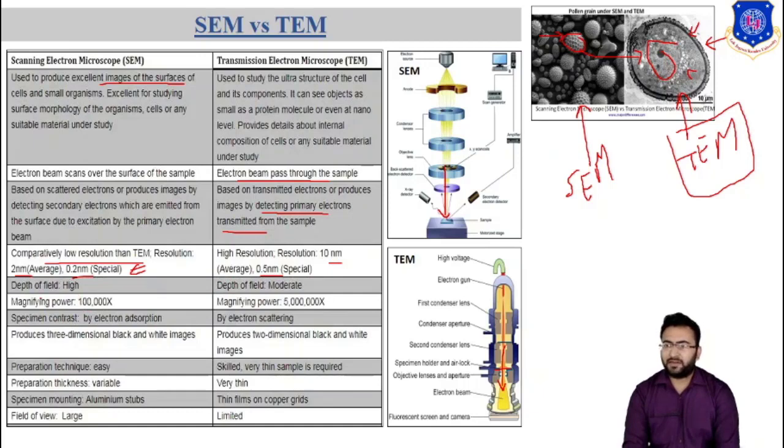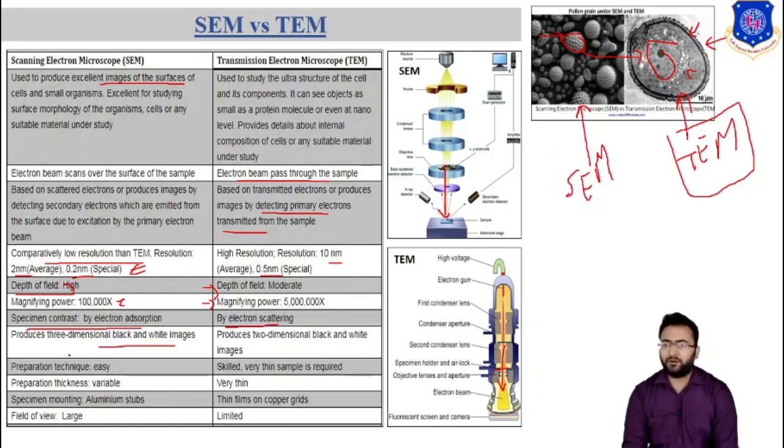For SEM we get a high depth of field, whereas in TEM the depth of field is moderate. Magnifying power of SEM is 1 lakh x, whereas magnifying power of TEM is 50 lakhs. Specimen contrast is by electron absorption in SEM, while in TEM electron scattering is used.